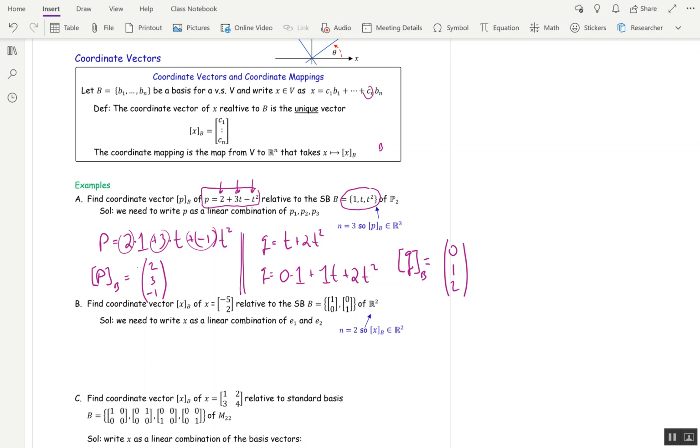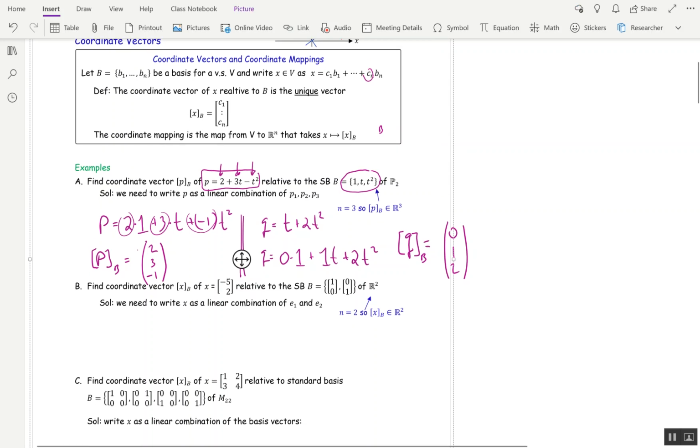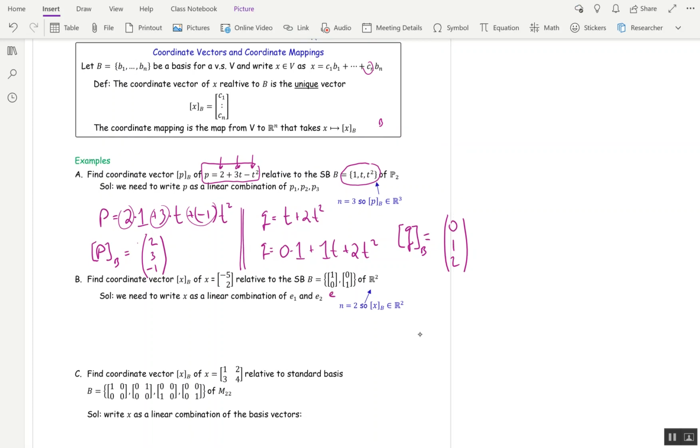All right, let's do another example. Find the coordinate vector of x equals negative 5, 2 in R2 relative to the standard basis of R2. So the standard basis of R2 is just e1 and e2. And there they are.